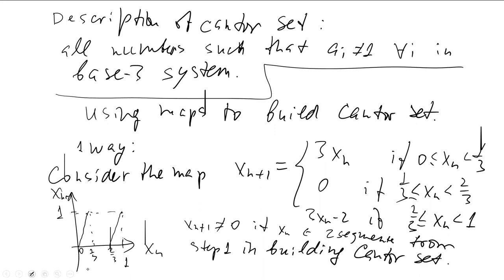So if x_n is between 0 and 1/3 or between 2/3 and 1, then x_{n+1} is not equal to 1.